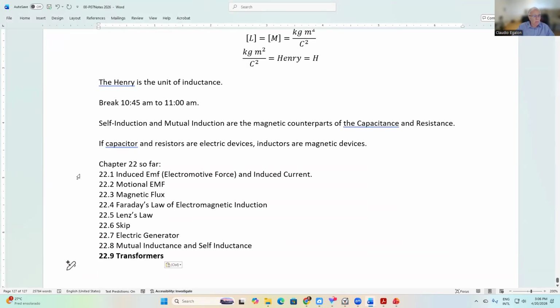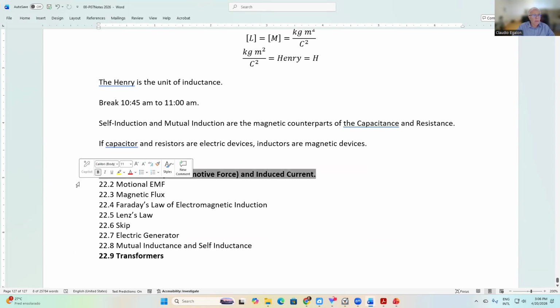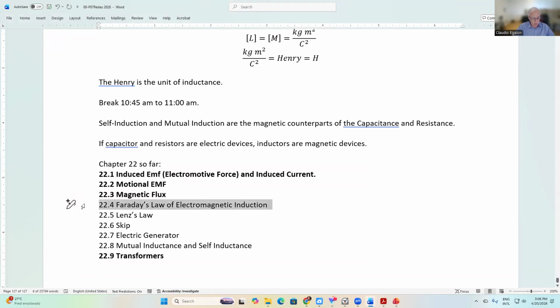We are writing here, right? We did induced electromotive force. We did motional EMF. We did the magnetic flux, Faraday's law of magnetic induction, Lenz's law. We skipped 22.6, electric generator. I'll walk you through. Very important device.